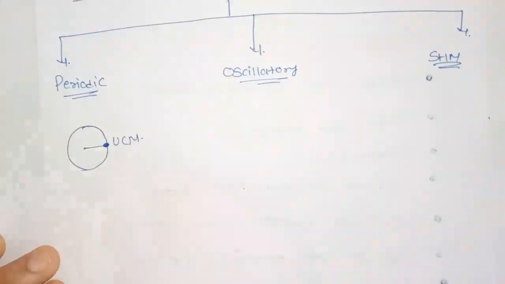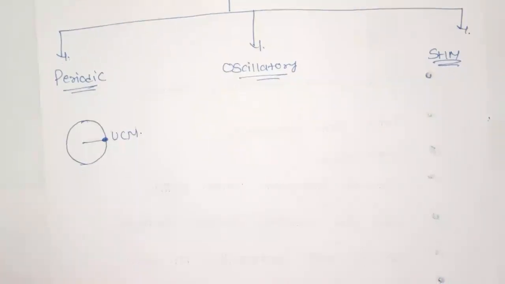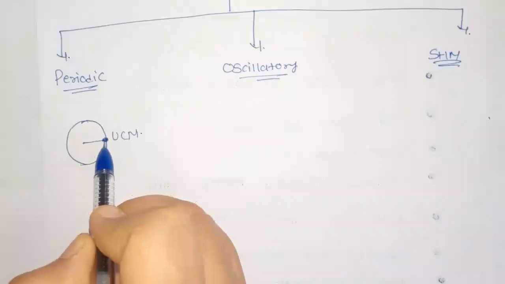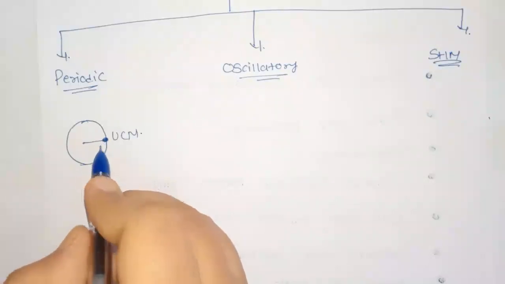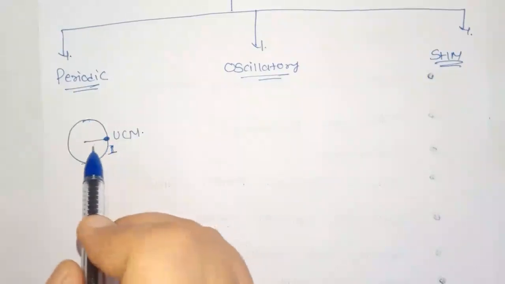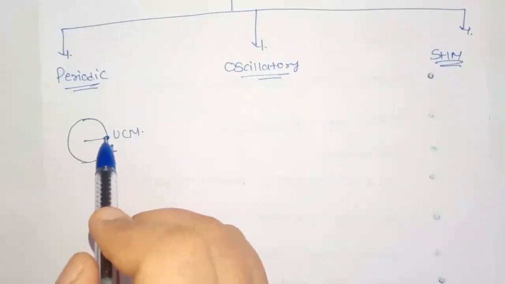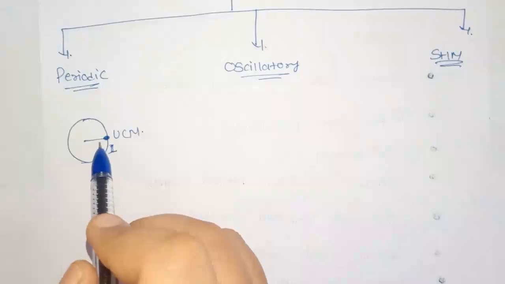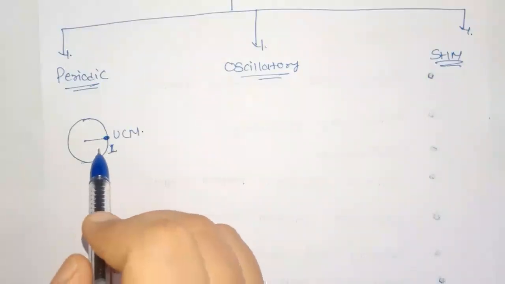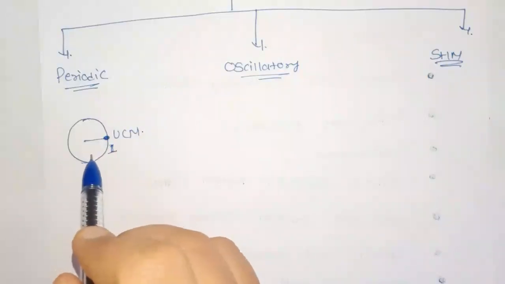Now, it will take some time to complete this circle. After completing the circle, it will again be at its initial position. Again, it will continue to move on the same path. So, after a certain period of time, this particle will repeat its motion.